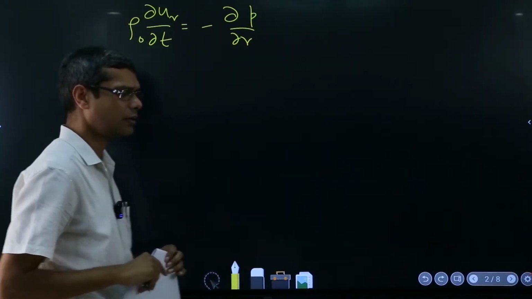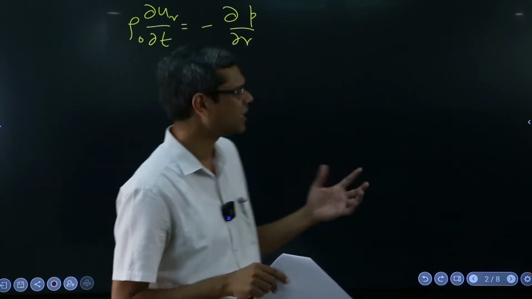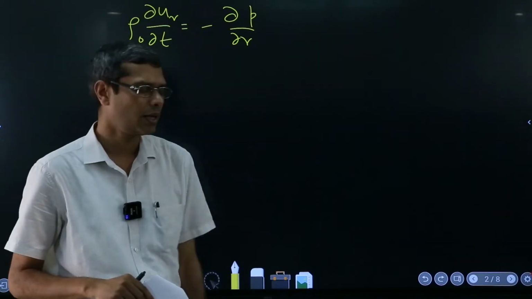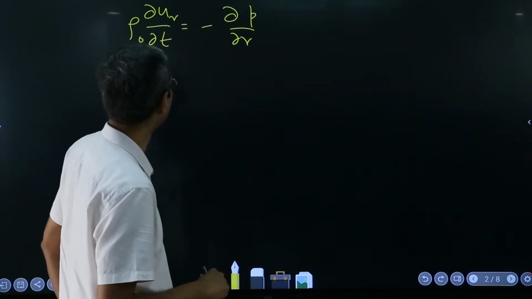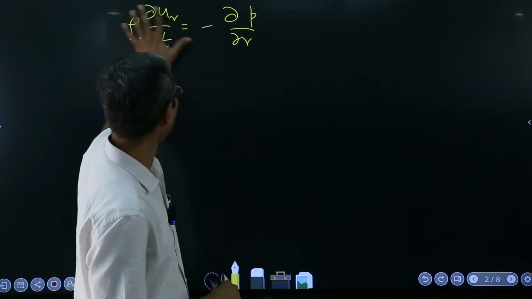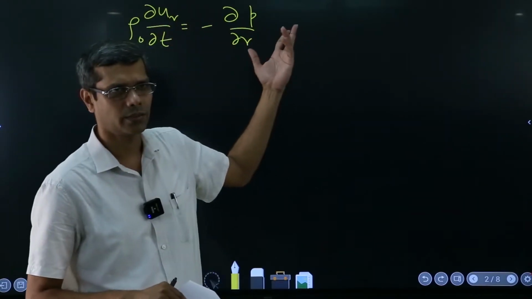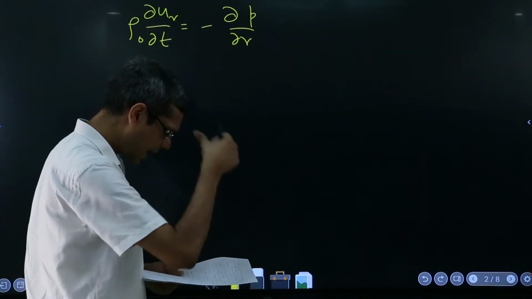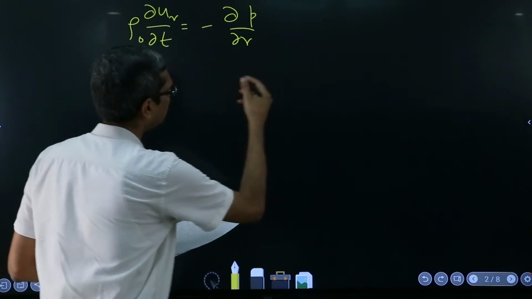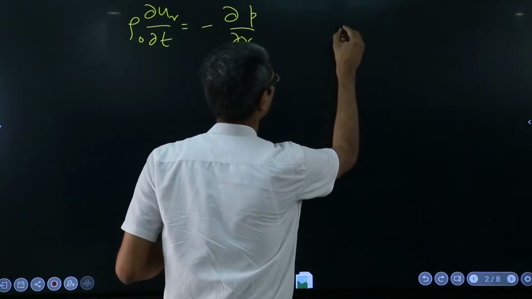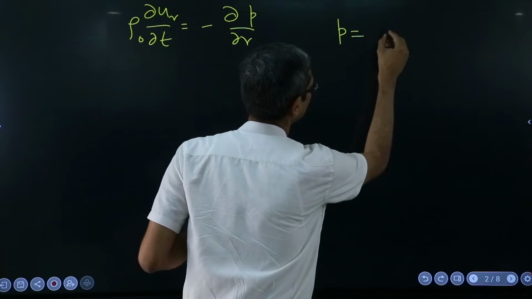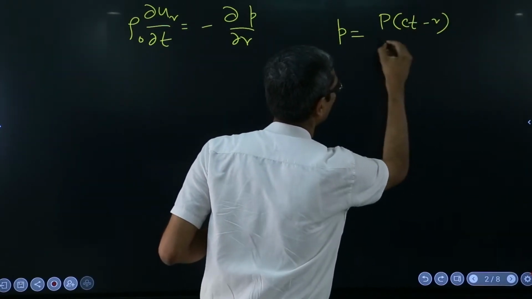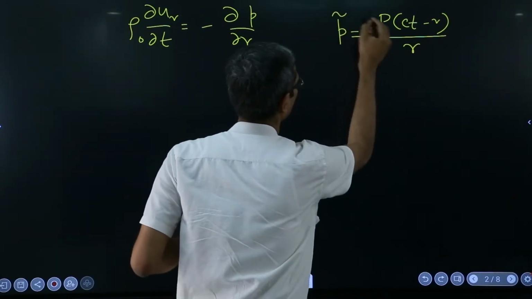Now because again we are in a situation where you can think of this as 1D, because only the radial direction is the coordinate in which things are varying, it almost looks like a 1D equation relating the velocity and the pressure. Now suppose p is some function, I am writing capital P(ct minus r) over r.